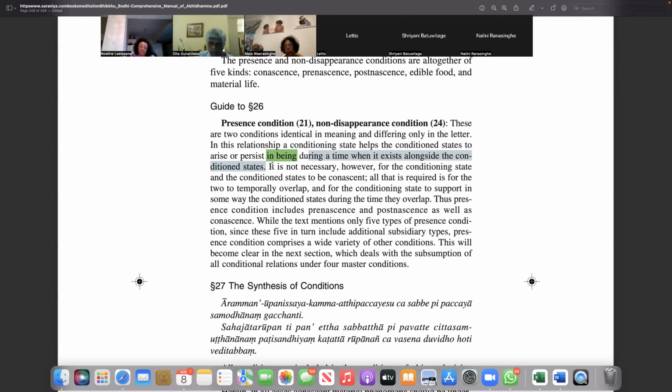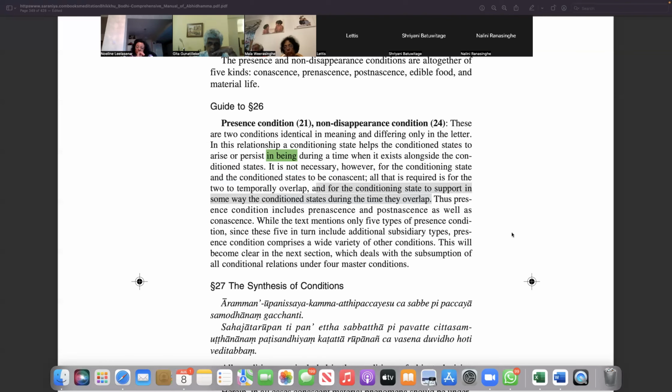So the conditioning state and the conditioned state exist alongside, helping it to arise or persist. Do you understand? It is not necessary. However, for a conditioning state and the conditioned state to be connascent, all that is required is for the two to temporarily overlap, and for the conditioning state to support in some way the conditioned state during the time that they overlap. Now that is when we find ourselves in a position where these dhammas become connascent.